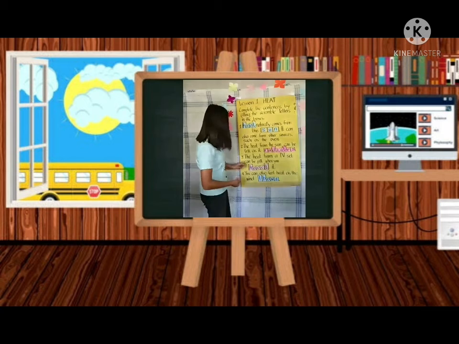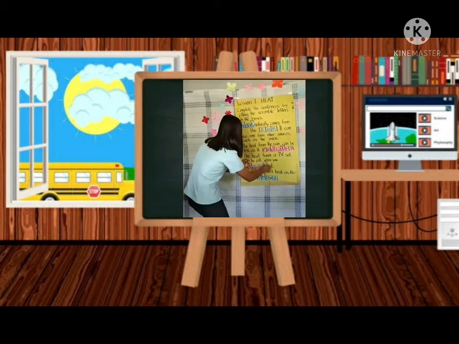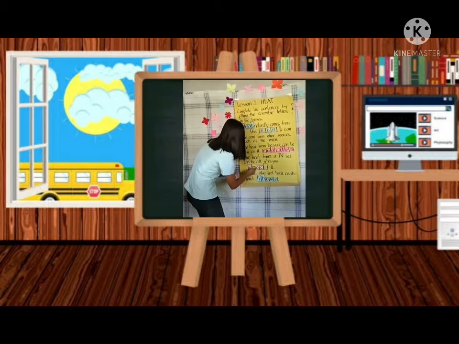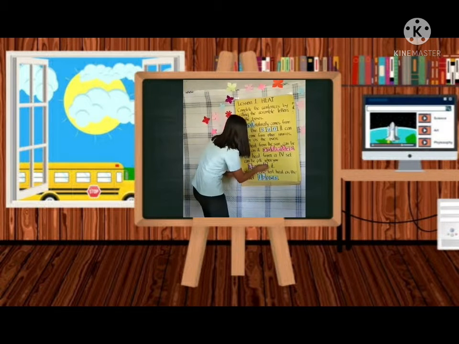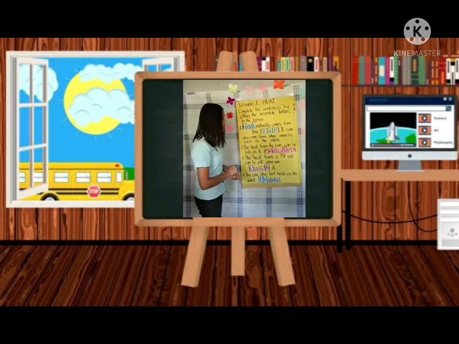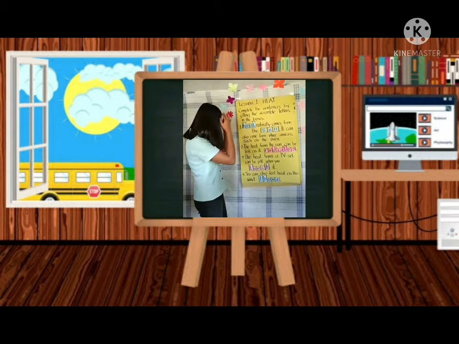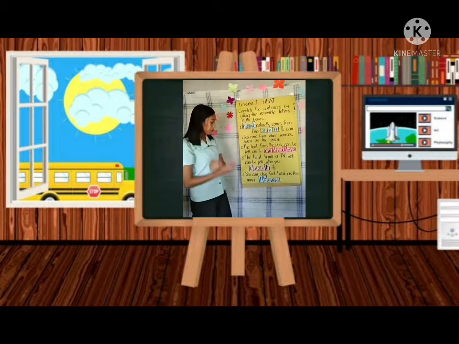Okay, no. Exchange the letter T to letter H. So, it would be: the heat from a TV set can be felt when you touch it. So, we feel the heat from the TV when we touch it. Very good. So, let's proceed to number 4.